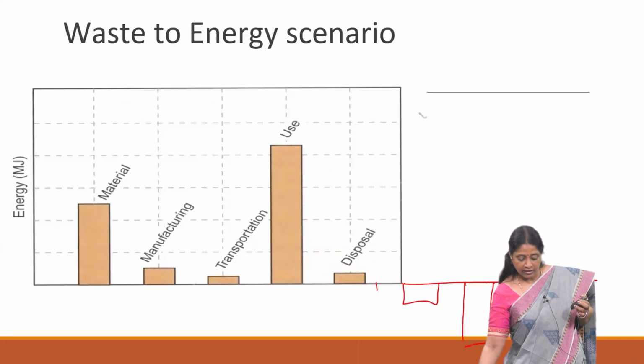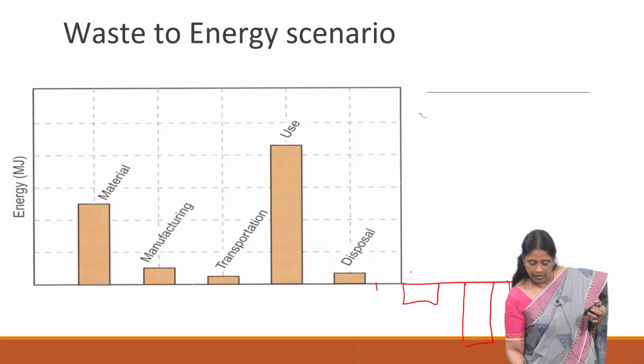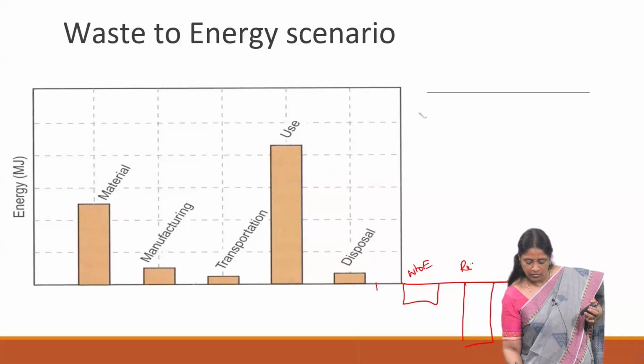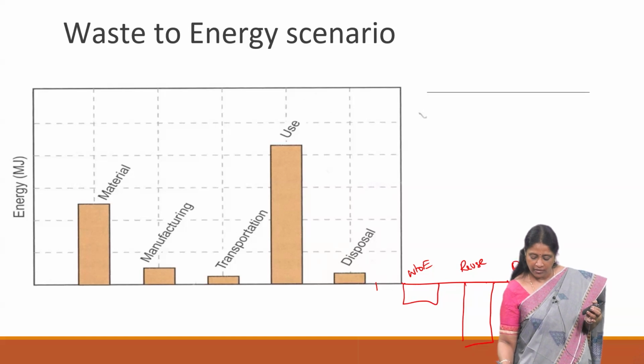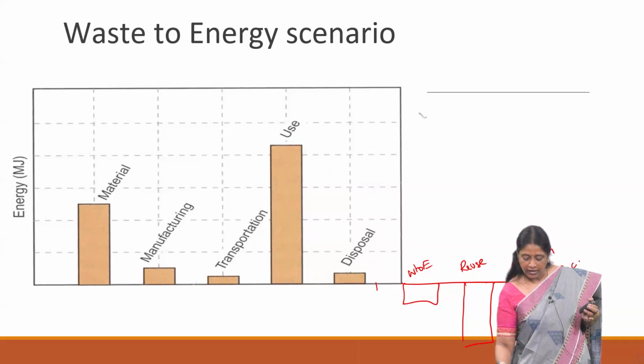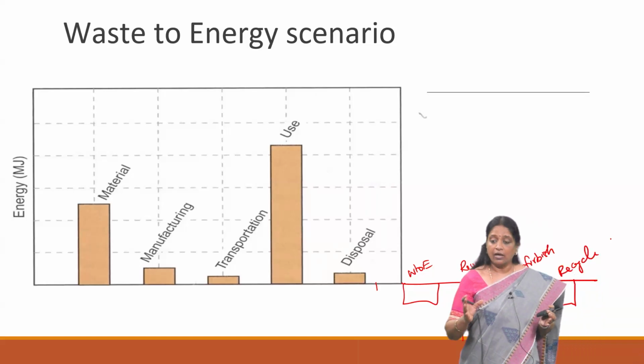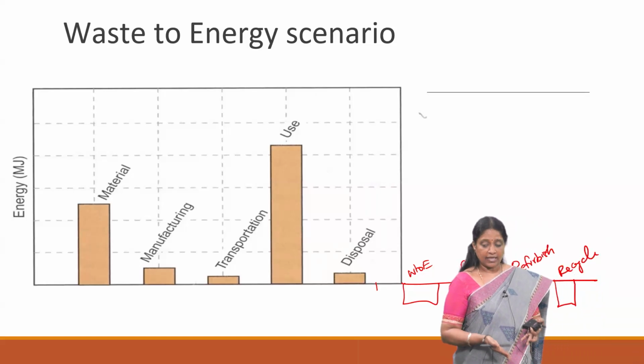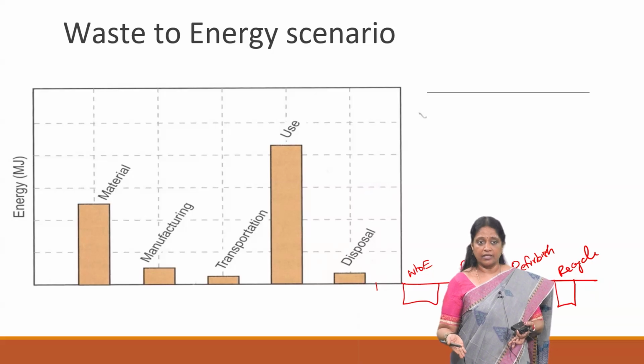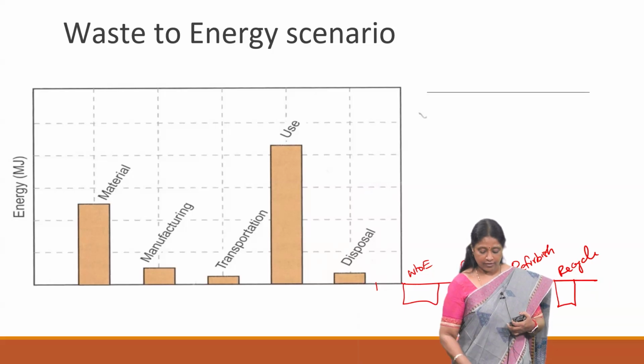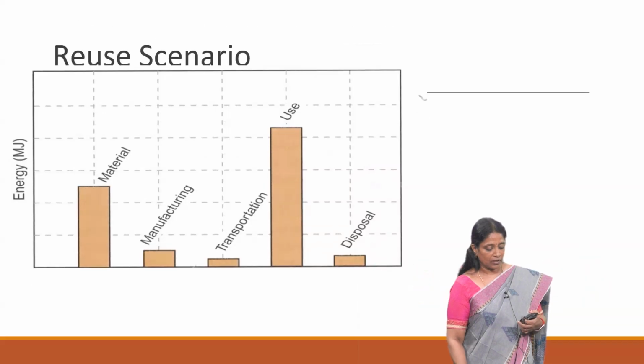So this is waste to energy, this is reuse, this is refurbish, which is going to incur some energy and some carbon emission. When it comes to recycle, it probably incurs a little more energy for recycling and all that. So if you have the numbers, you can exactly quantify how much of this credit you're going to get in the next life cycle of the product, right?